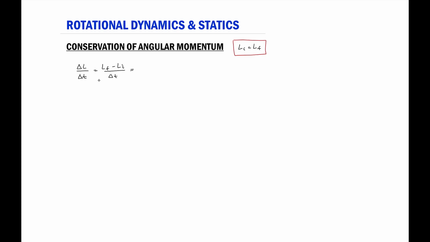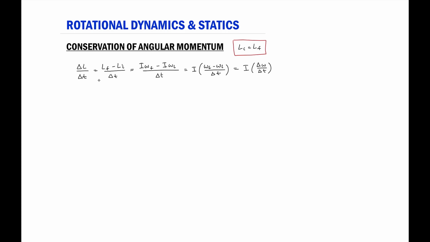So what is our angular momentum defined as? It's I omega, so I omega F minus I omega I divided by delta T. Let's factor out the I, which means we have omega F minus omega I over delta T, which is simply I times delta omega over delta T. So what is delta omega over delta T?